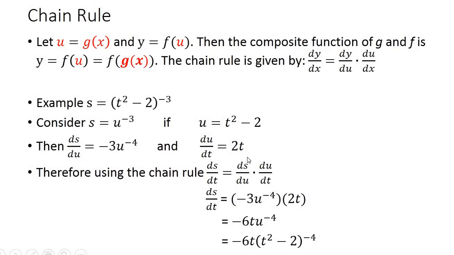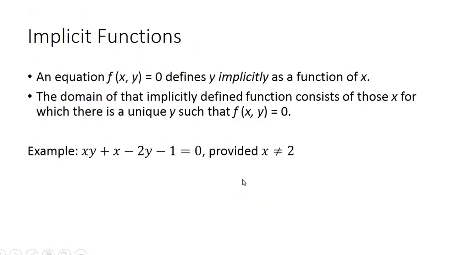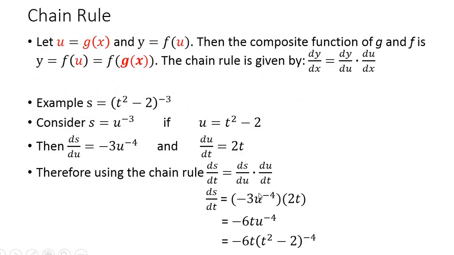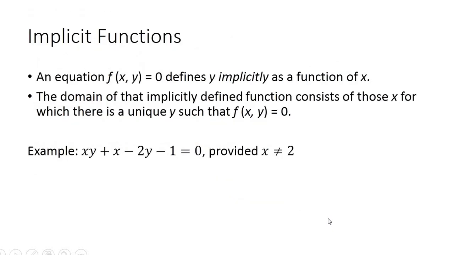Right, so ds du is this guy, and du dt is this one. So you multiply these two. If you multiply those two, you get minus 6t u to the power minus 4, and then you substitute for u, you get the solution for the chain rule.